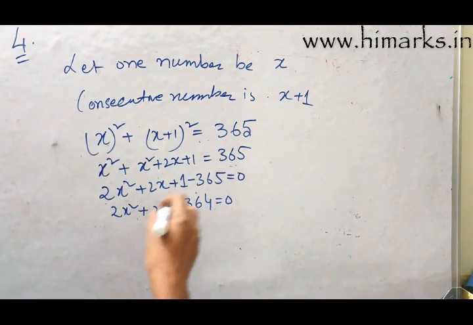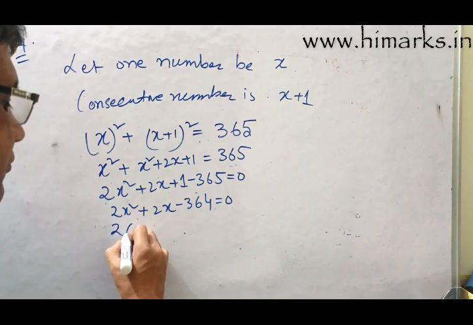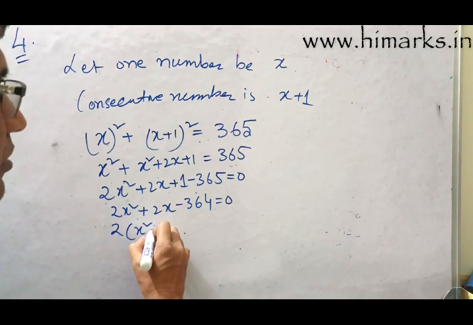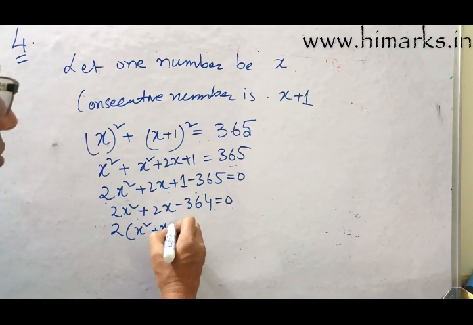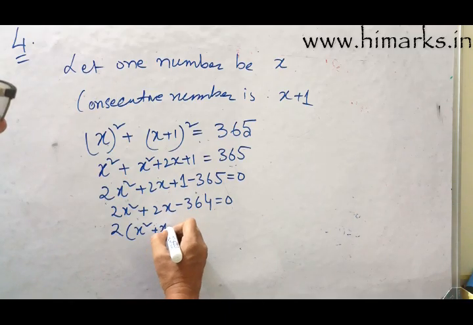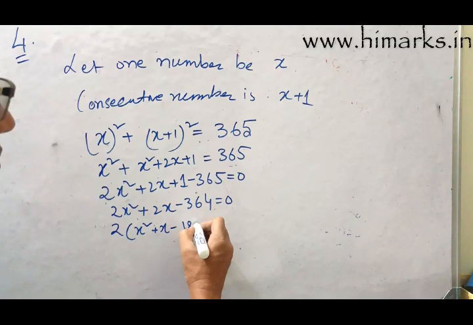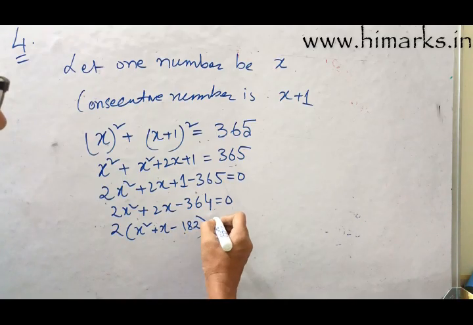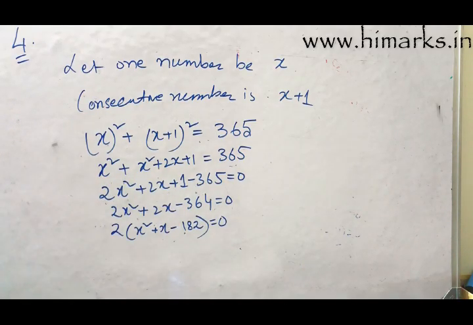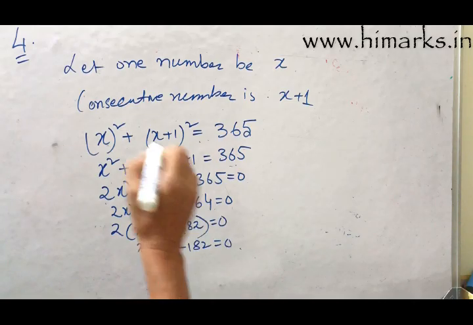Okay, 2 will be common from all of them. So x square plus x minus 182. Okay, now next step is, we divide by 2 on both sides, so it becomes x square plus x minus 182 equal to 0.